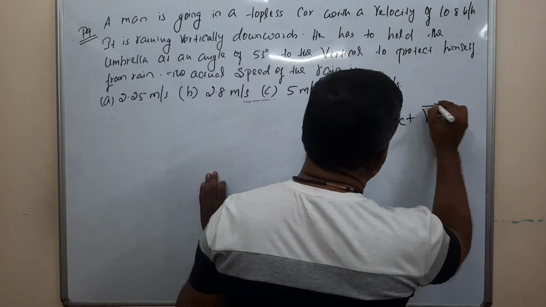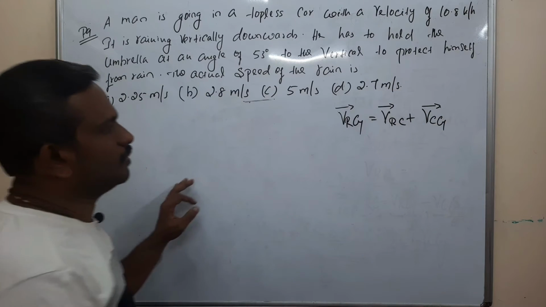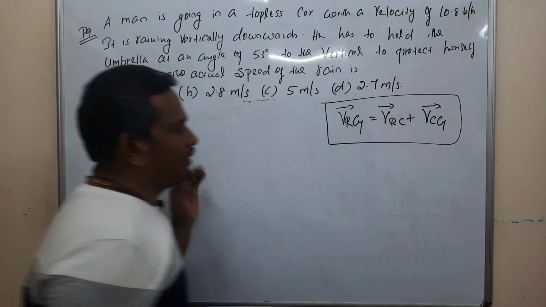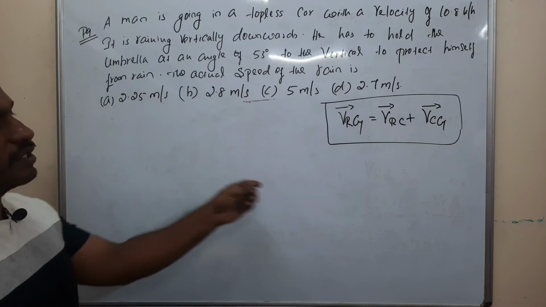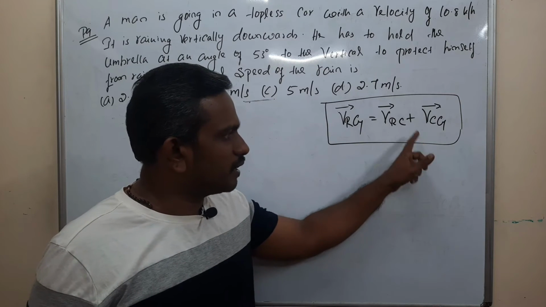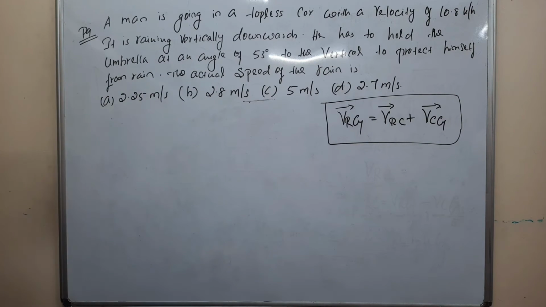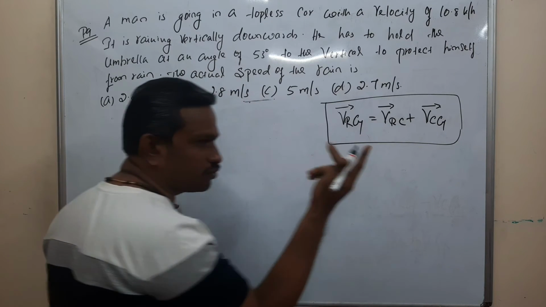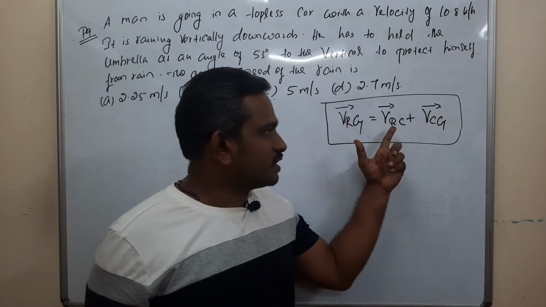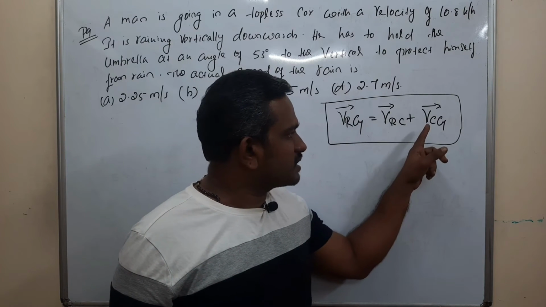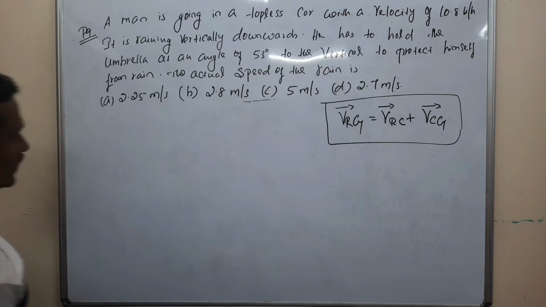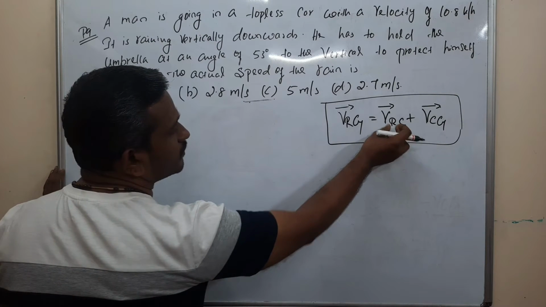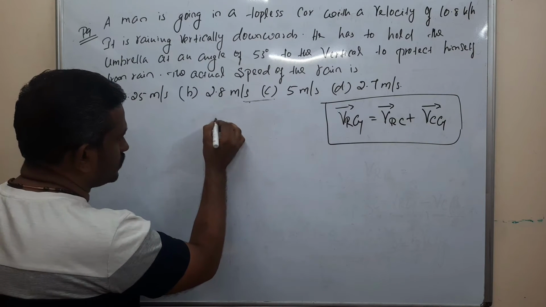Velocity of the rain with respect to the ground is equal to the velocity of the rain with respect to the car plus the velocity of the car with respect to the ground. Am I right? So the velocity of the rain with respect to the ground is the resultant of two vectors: the velocity of the rain with respect to the car plus the velocity of the car with respect to the ground. The rain is coming, the velocity of the rain with respect to the car, and this is the vertical.